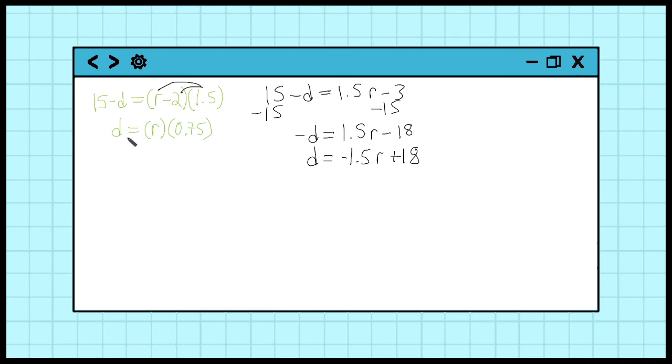But we also know that the second equation is really just d equals 0.75r. Because we know what d equals twice, we're going to combine these two into a single equation. If d is equal to 0.75r and to negative 1.5r plus 18, then I can set those two things equal to each other.